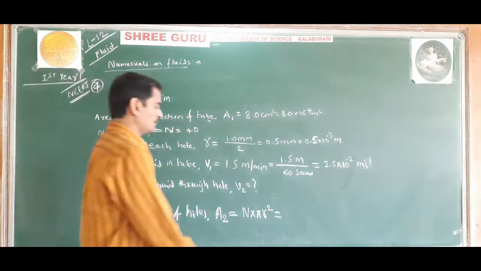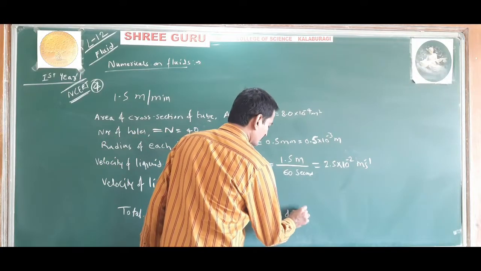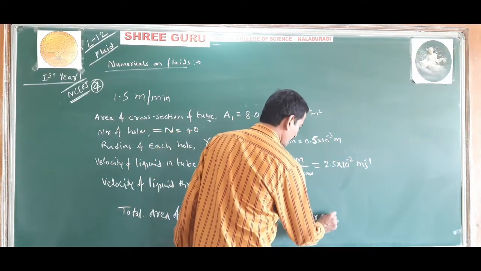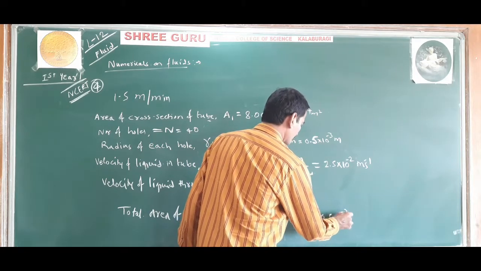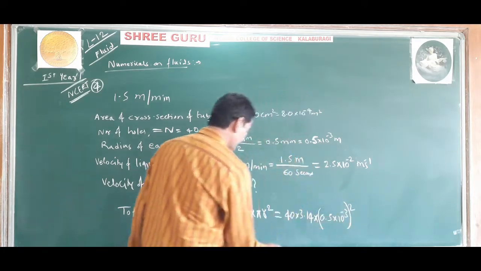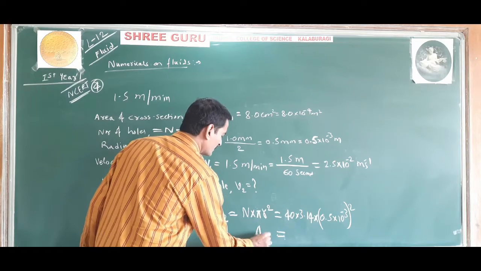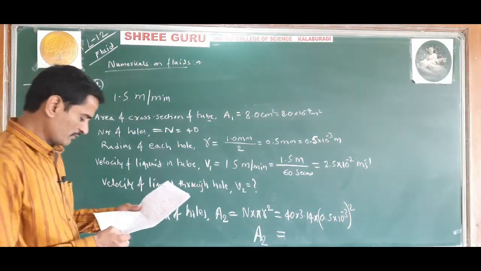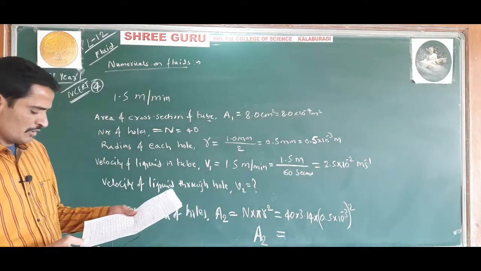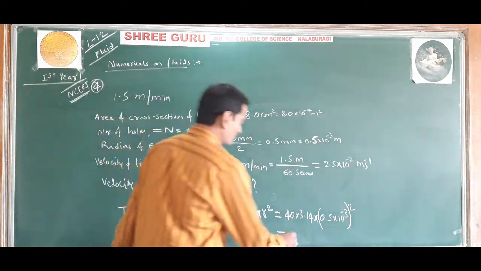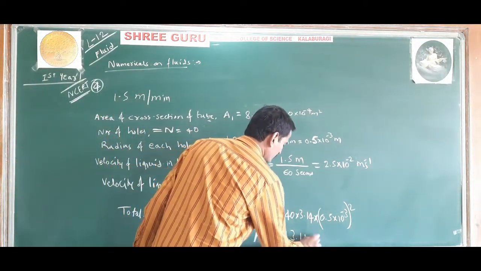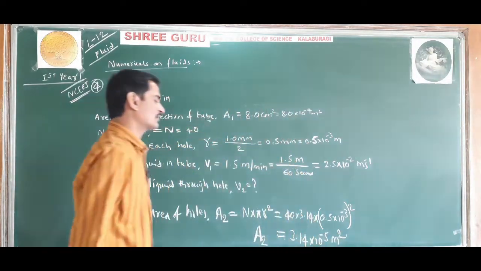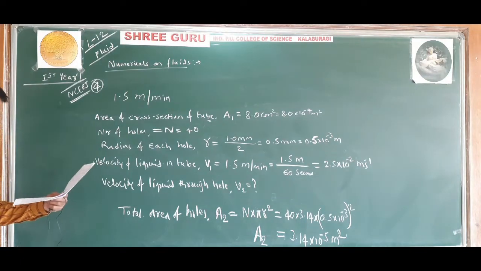So n is 40, pi is 3.14, and radius r is 0.5 into 10 to the power minus 3, whole square. On simplification, you will get the total area of the holes A2 as 3.14 into 10 to the power minus 5 meter square.